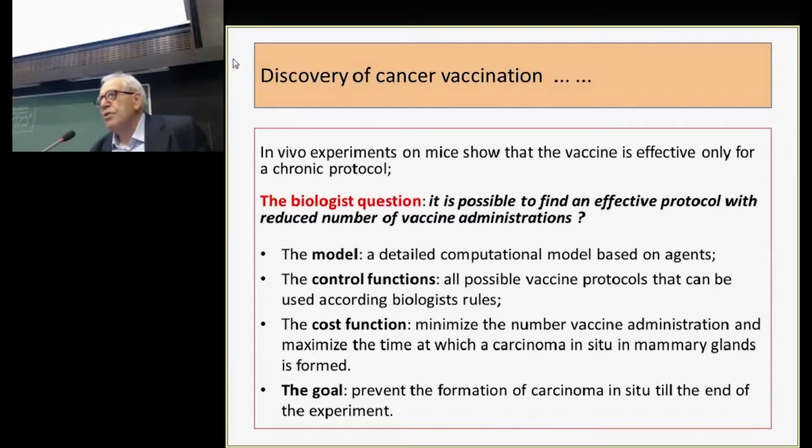And the goal on mice was to prevent the carcinoma in situ, because you give the vaccine when you know the mice have cancer cells, but they don't have the carcinoma in situ. So these people, every 2 weeks, I guess, I remember, tested the mammary glands of the mice and checked if they had the carcinoma by hand, simply by hand.